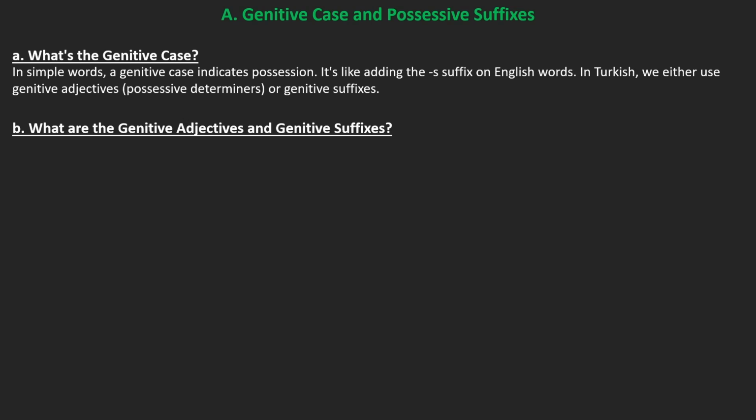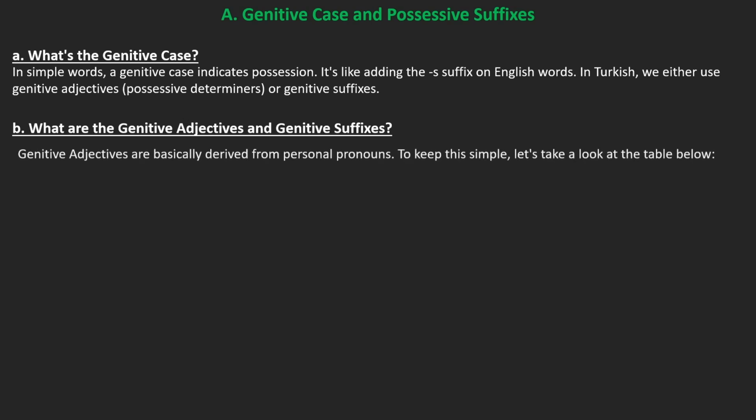What are the genitive adjectives and what are the suffixes? So I will again make it simple. The genitive adjectives are basically like I, and then it goes to my, and then you, and then your.